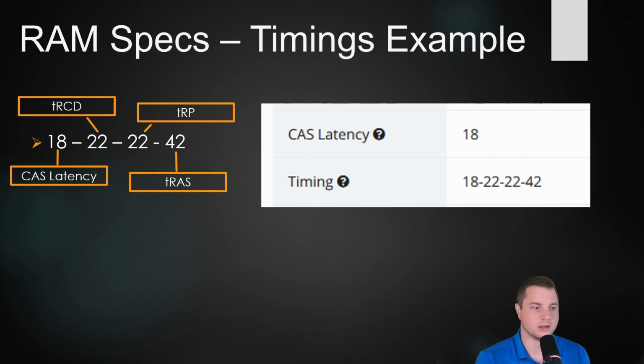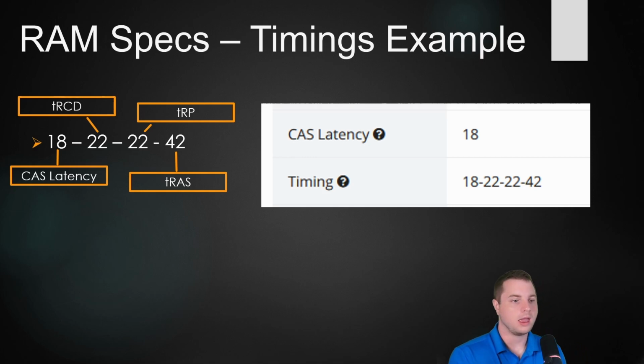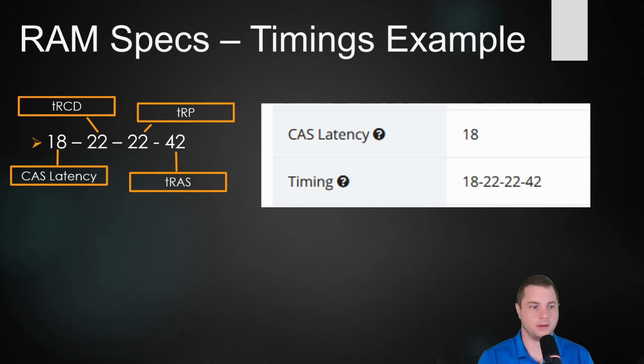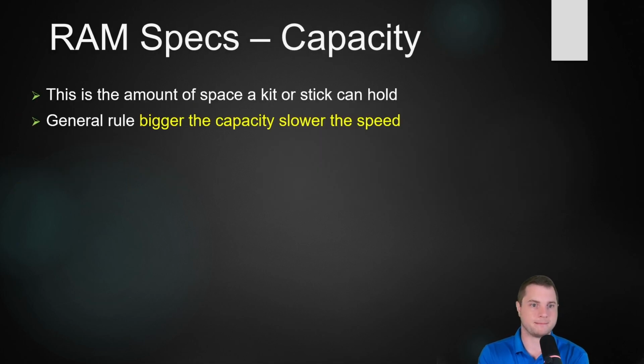Then tRCD second, tRP third. Typically, these two are the same. And then tRAS, in terms of how many cycles the row is going to stay open for, is the last one. Now, this last one doesn't matter. It really doesn't for what you're trying to do and what you're trying to spec out. If you get into the world where you have to hyper optimize like that, you're probably already an expert anyways, and you know what you're doing.